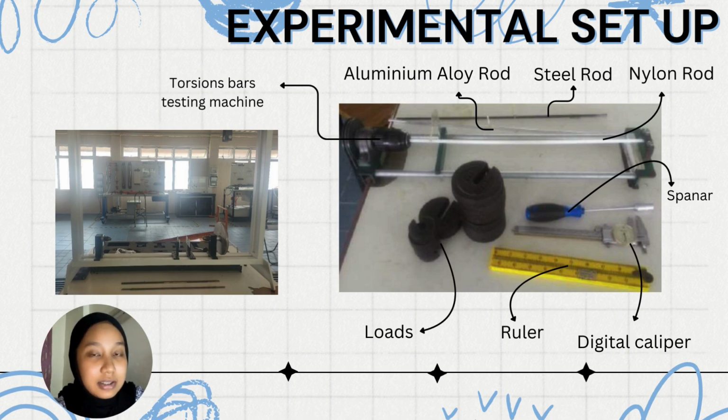The apparatus that we use for this experiment is aluminium alloy rod, steel rod, nylon rod, and then spanner, digital caliper, ruler, load, and torsion bars testing machine.